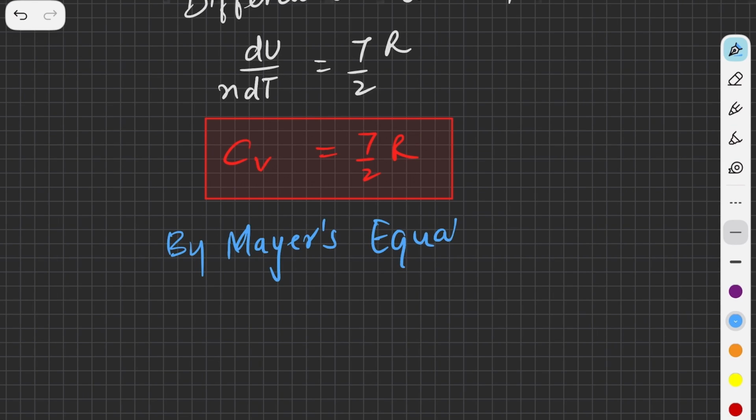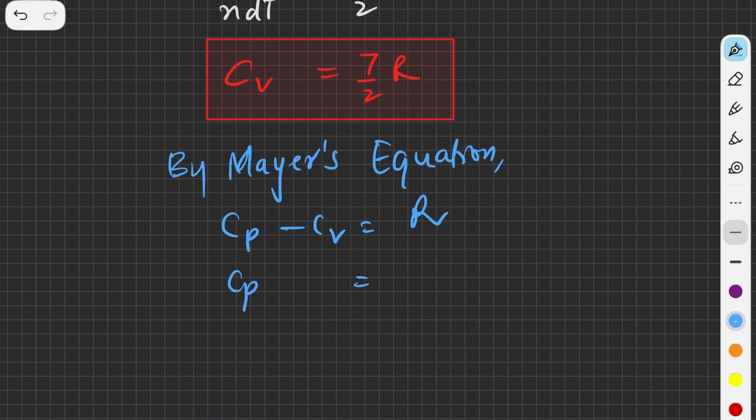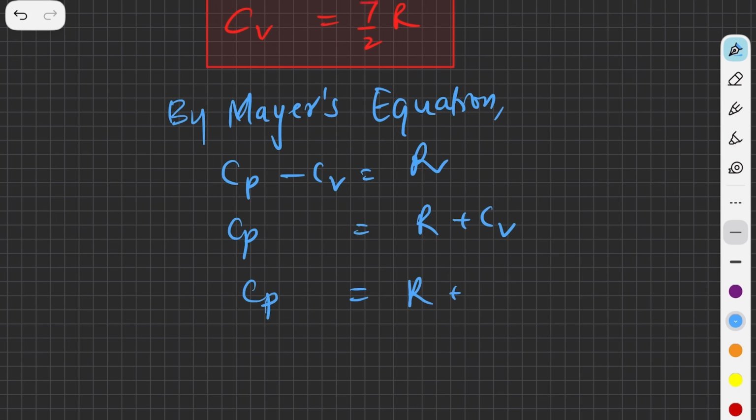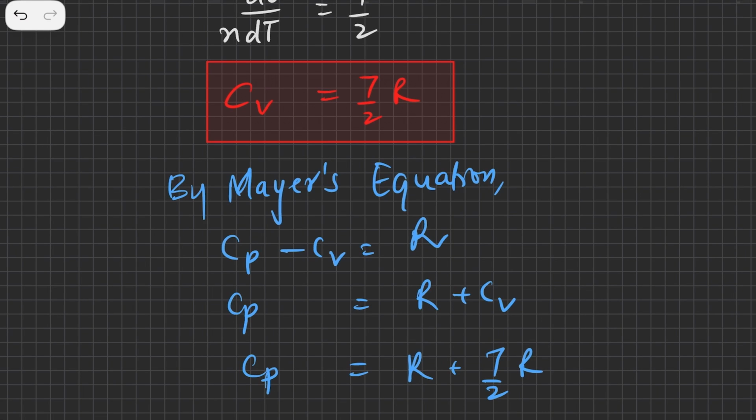Mayer's equation says Cp minus Cv is equal to R. This is valid for all gases. So my Cp would be equal to R plus Cv, so Cp would be equal to R plus 7 by 2 R.